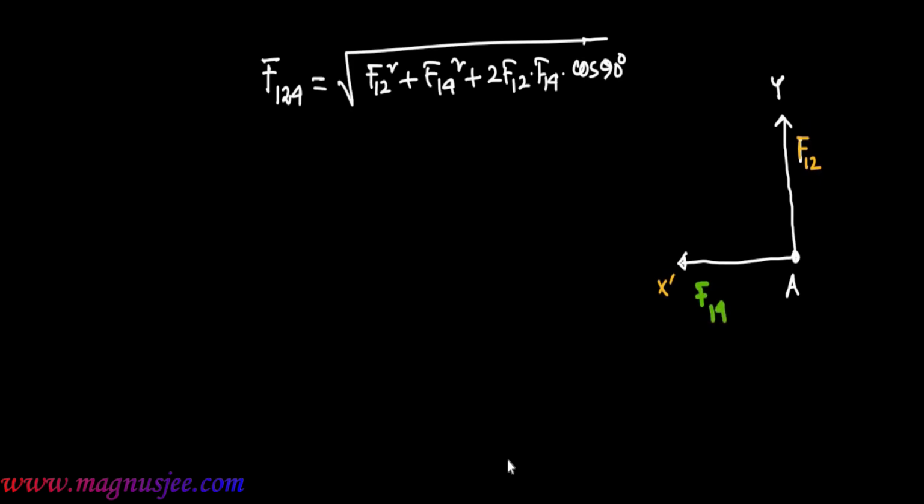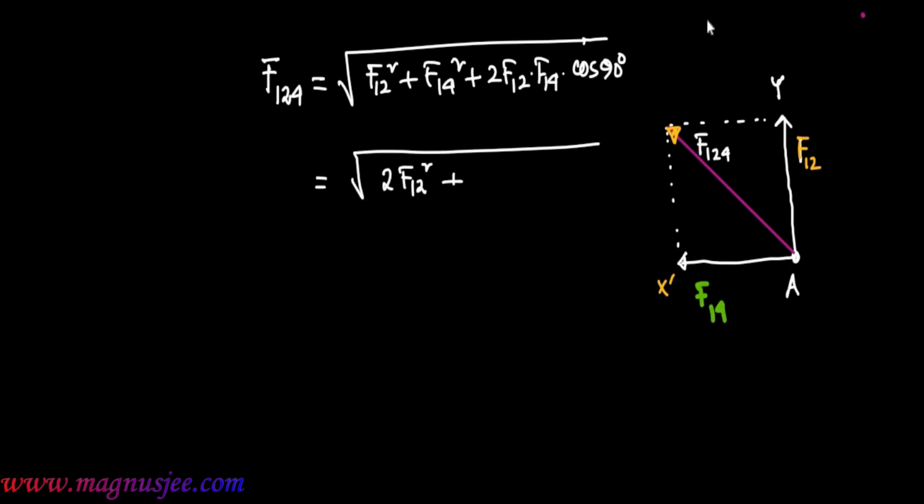Now we can consider a parallelogram containing F12 and F14 as two adjacent sides. Along this diagonal, the resultant F124 will be acting, equal to root over F12 square plus F12 square plus 2 F12 square cos 90 degrees.